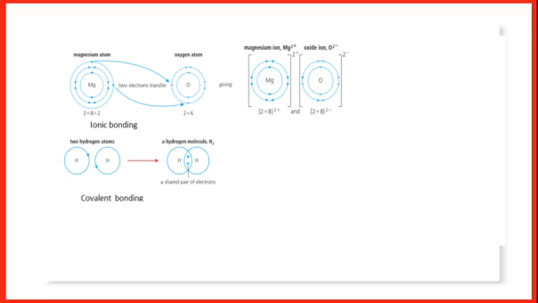The magnesium atom transfers two electrons to the oxygen atom, and you discover that the oxygen received two electrons, and that is indicated on the compound by their charges. You see that magnesium is +2 and oxygen is -2, showing also that the compound is charged.